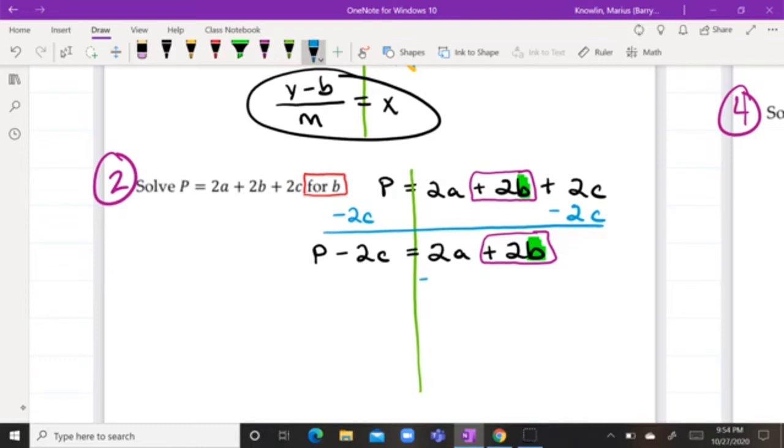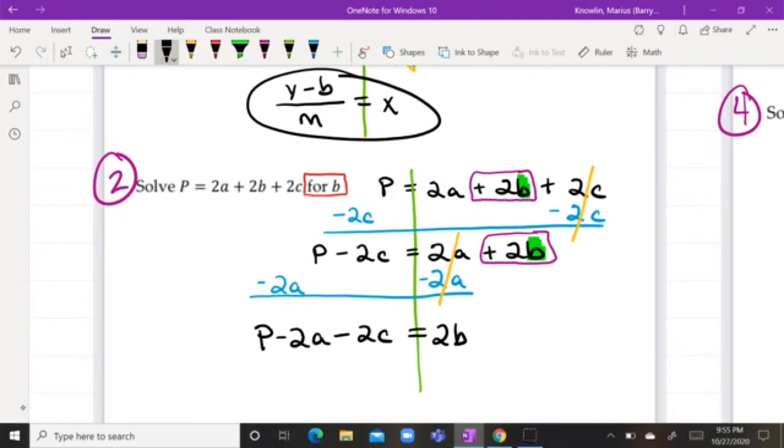The 2a is positive, so we're going to subtract. And since it is not a like term with anything on the left side, we write it off to the side. Now I bring down everything else. Now the 2a is canceled out. And so on the right side, we're left with 2b. On the left side, we're going to write p minus 2a minus 2c.